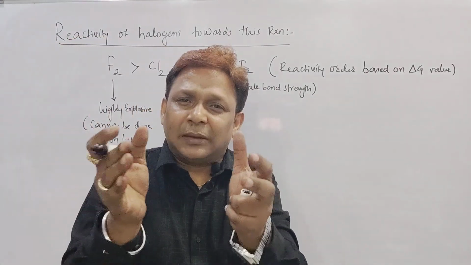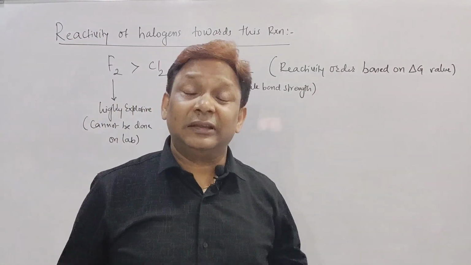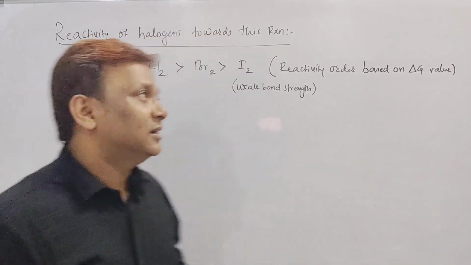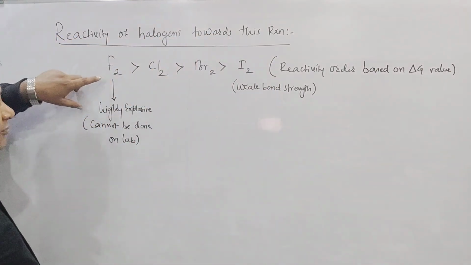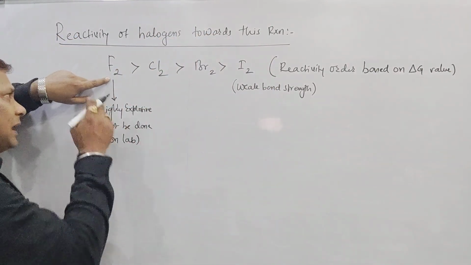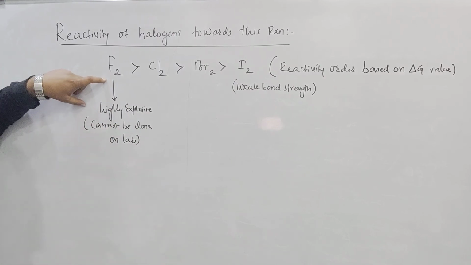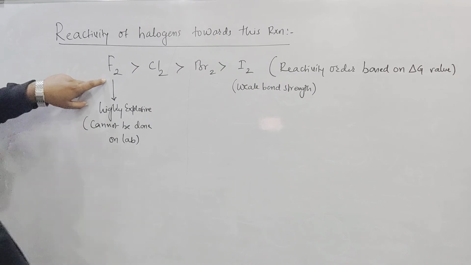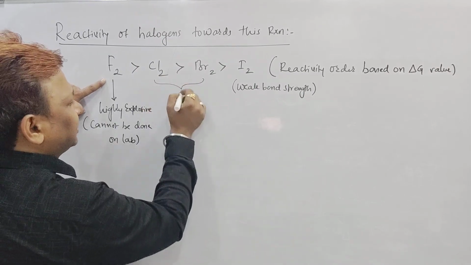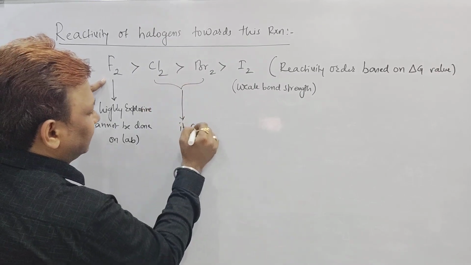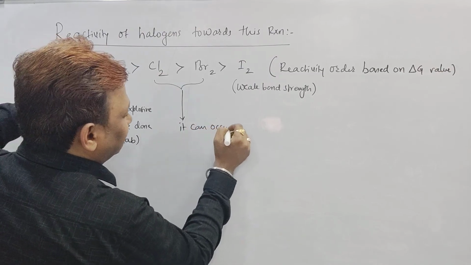The vessel where we are performing it will burst. Not just burst, it will explode. So fluorination of alkane cannot be done in the lab because it is a highly explosive reaction. But chlorination and bromination, yes, they can occur in the lab.